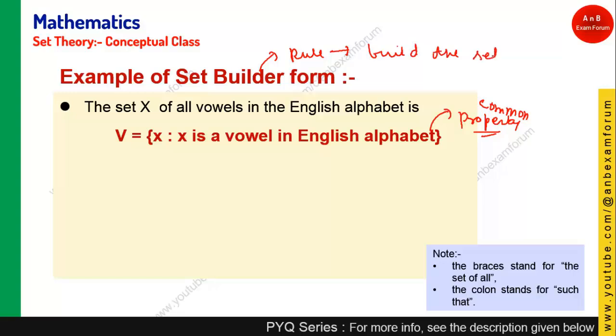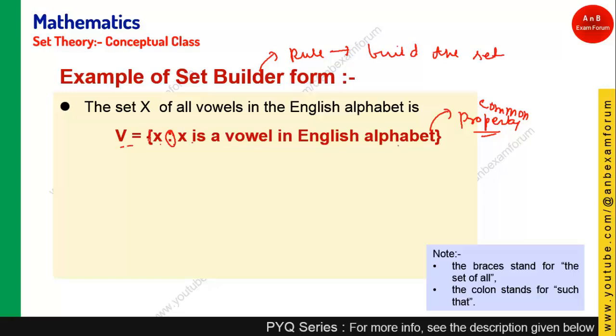You can build the set based on that rule. First thing, this colon you should understand. It means V is the set of all the x such that x is a vowel in the English alphabet. The braces stand for set of all.